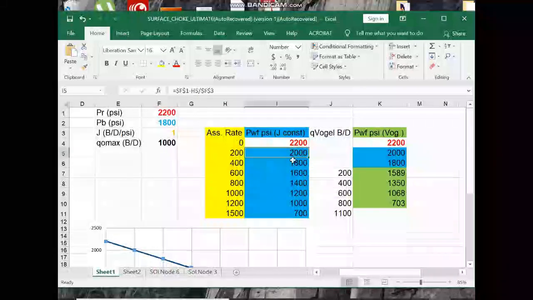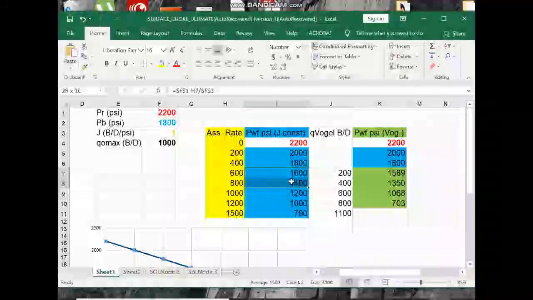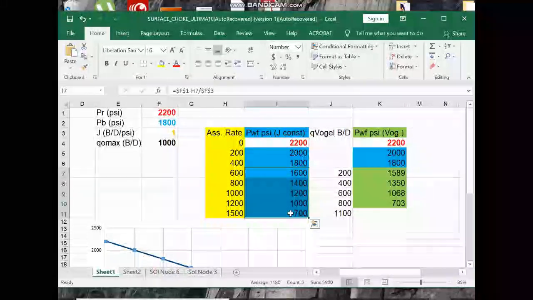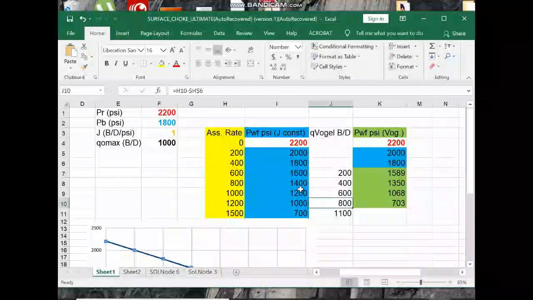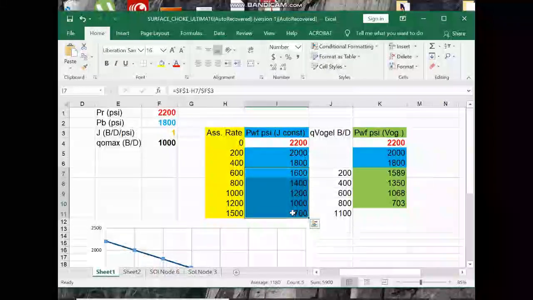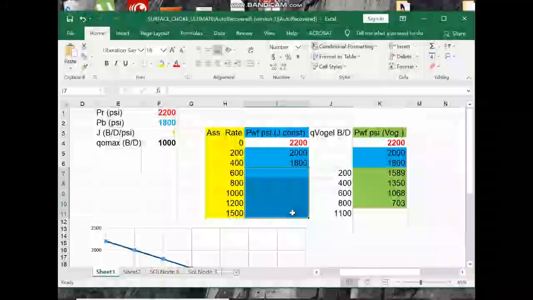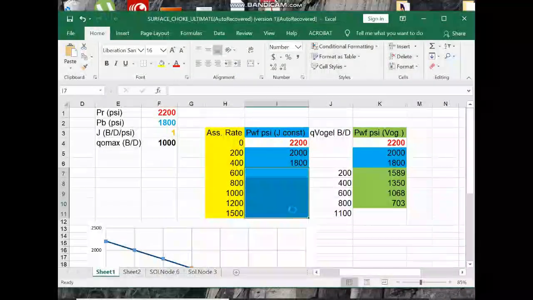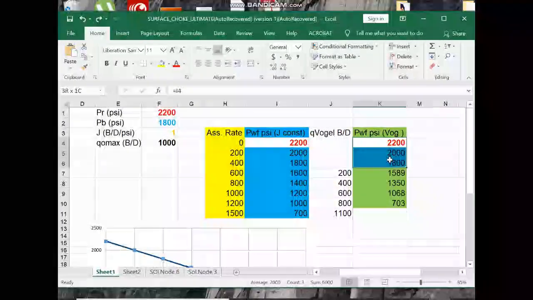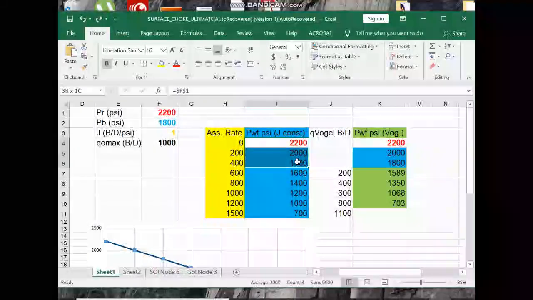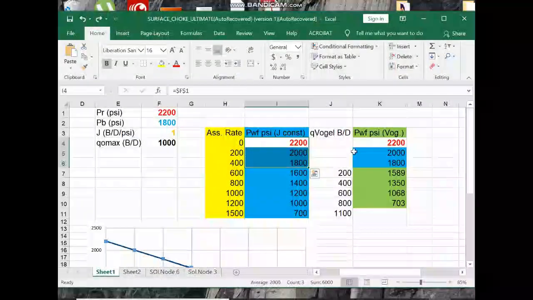But what we do here is that we carry on with J constant, okay, so that we can compare with the Vogel. So basically these data normally should not be there, but they are there to compare. The same thing, these data should not be here for Vogel because we already used the J constant.